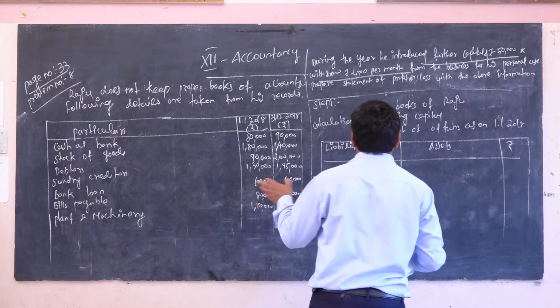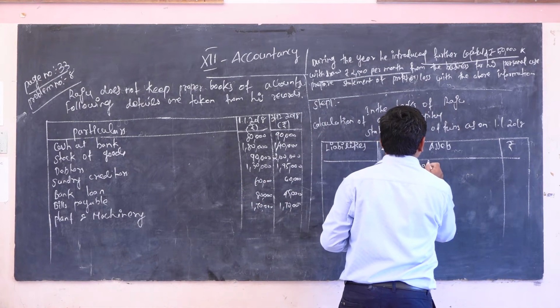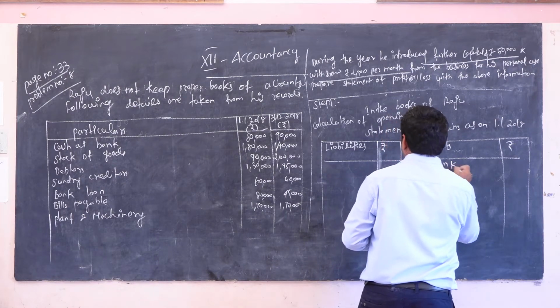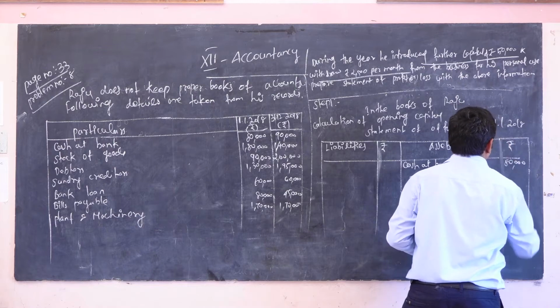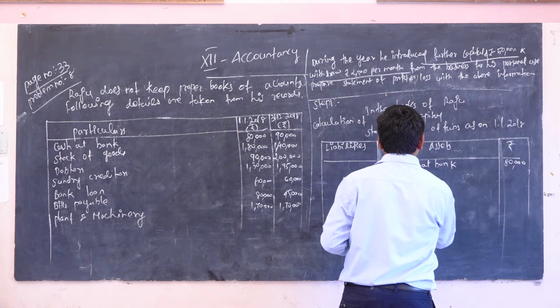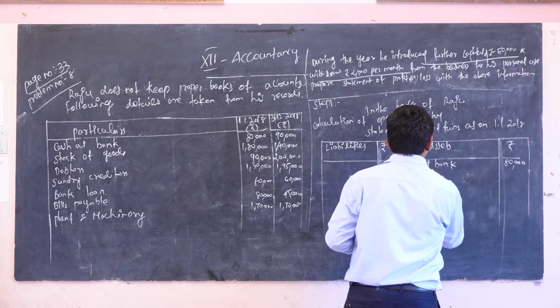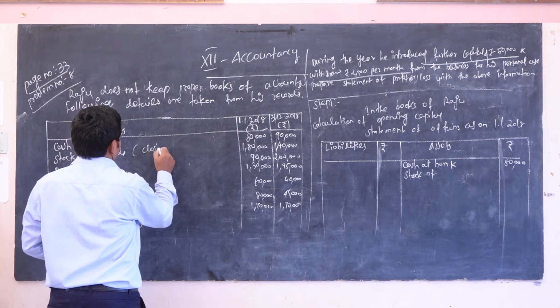First we are going to put some assets. Cash at bank 80,000. Next one, stock of goods, which is also called closing stock or stock.